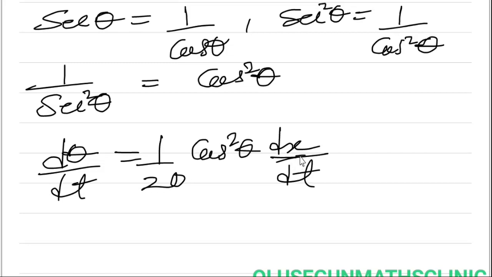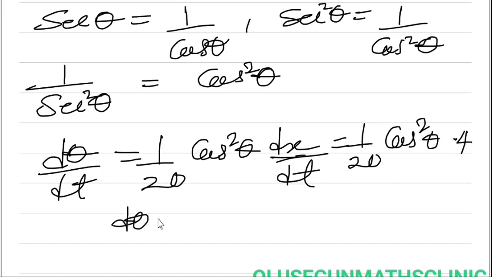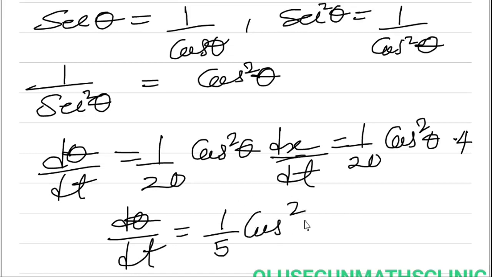From here we have been given dx/dt to be 4. So therefore dθ/dt is now 1 over 5 cos² θ, because 4 will cancel 20 to give us 5.